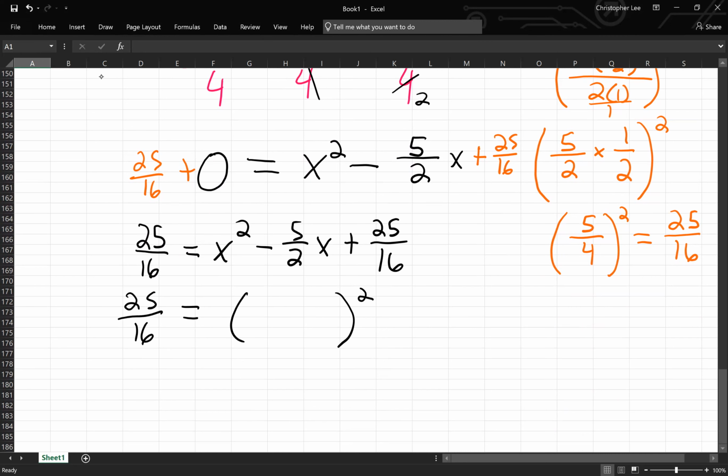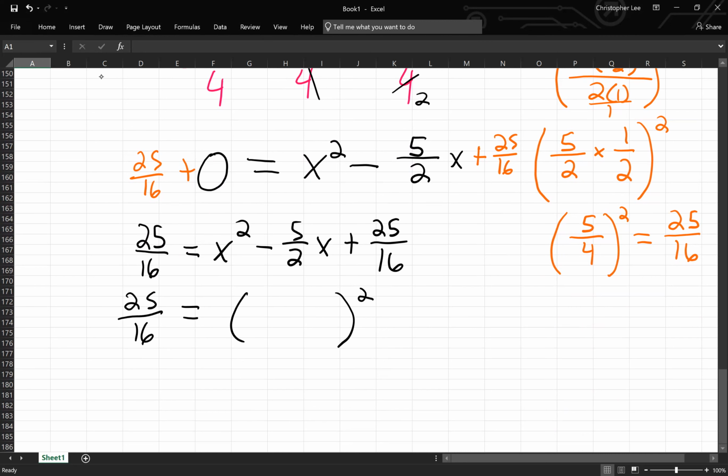Minus, very good, because my b term is minus. And then what's the number that's going to go there? 5 over 4, right? Very good. So just bring it over. You don't have to figure it out. Just copy whatever you squared, and that's it, right?